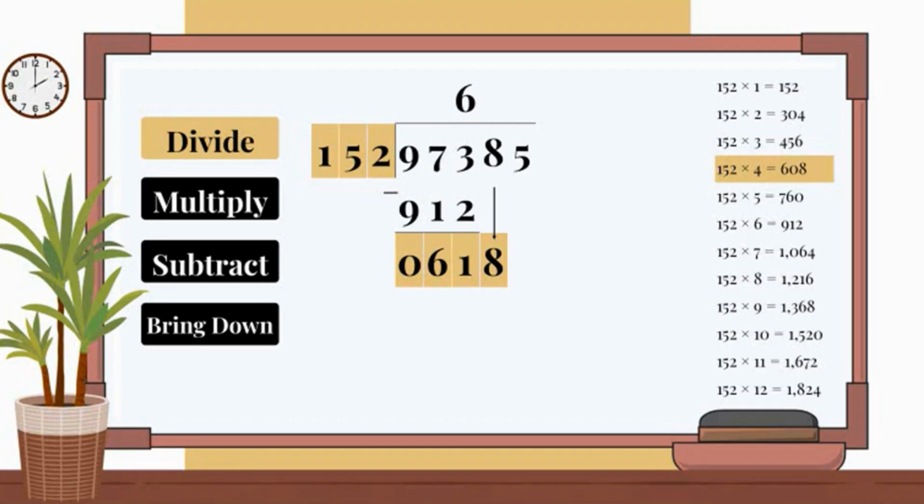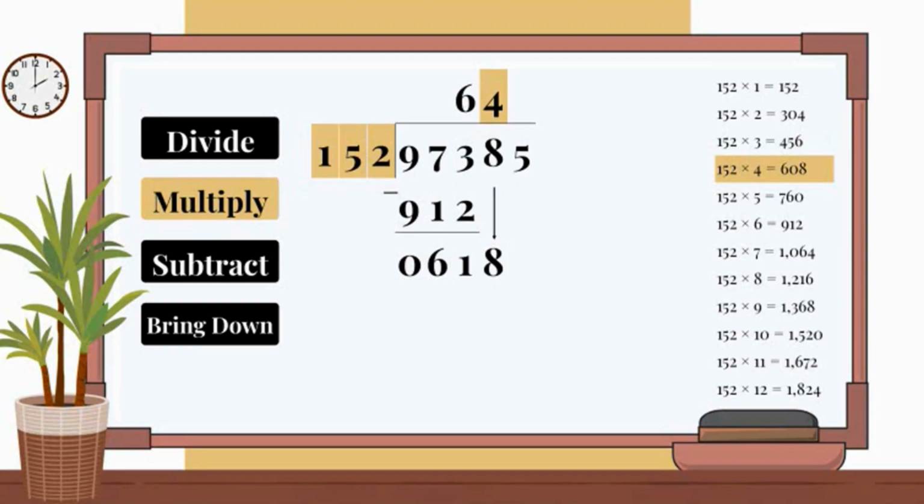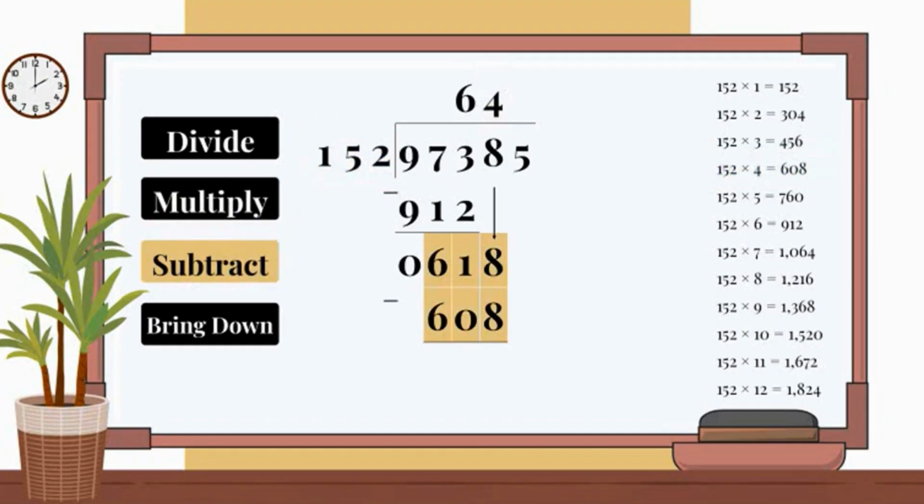We will place 4 above the quotient line and move on to the next step, which is to multiply the new digit above the line by 152, which we know is 608. This answer goes below the number we just divided, and now we subtract it from the same. 8 minus 8 equals 0, 1 minus 0 equals 1, and 6 minus 6 equals 0.